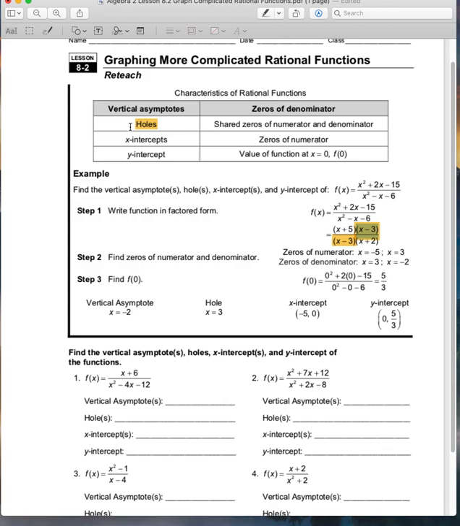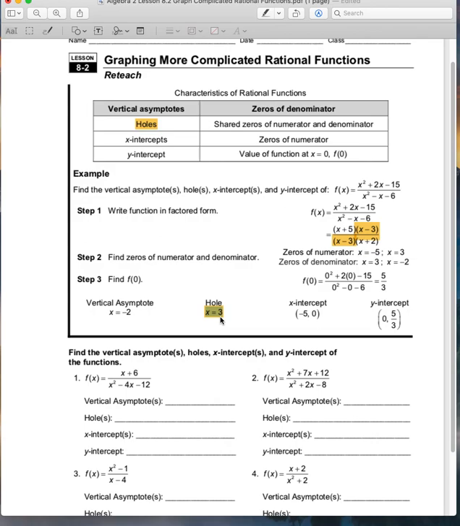So the hole for this example is when the factor set equal to 0 is the same at the top and the bottom, numerator and denominator, and the value of your hole is a number. Because the x value, when it makes the numerator and the denominator 0, doesn't have a y.